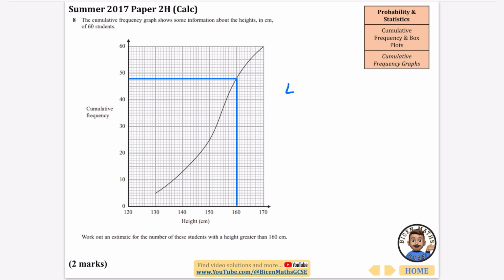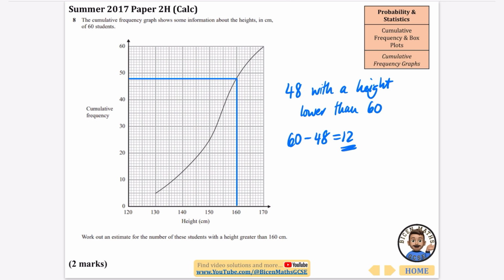So from the graph, we can see that there are 48 with a height lower than 160. And so higher than 160 will be these students at the top. So we're going to do 60 minus that 48, which is 12.